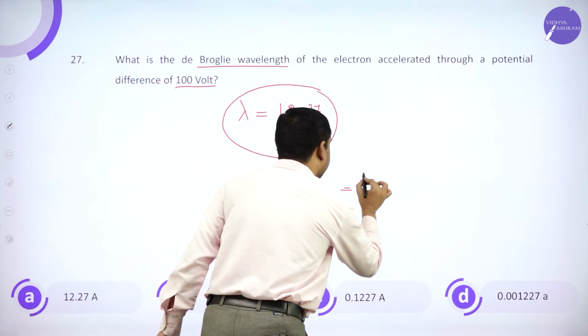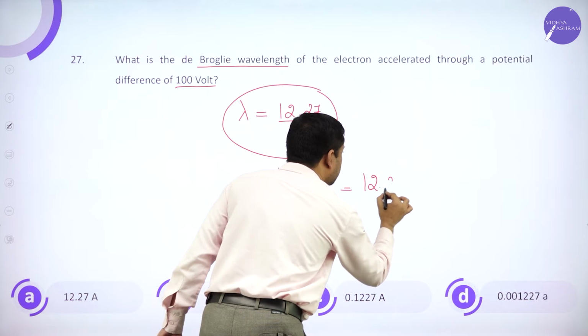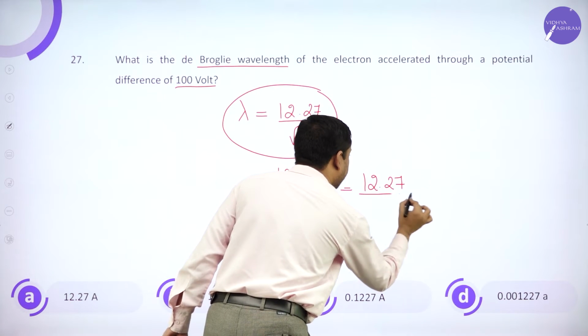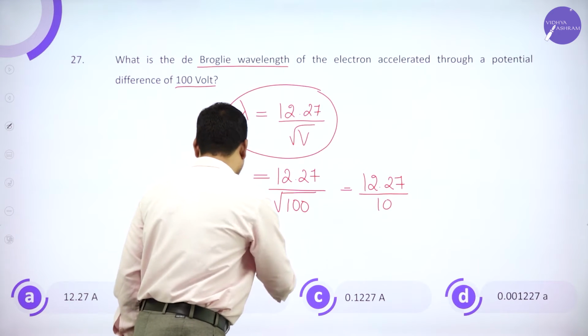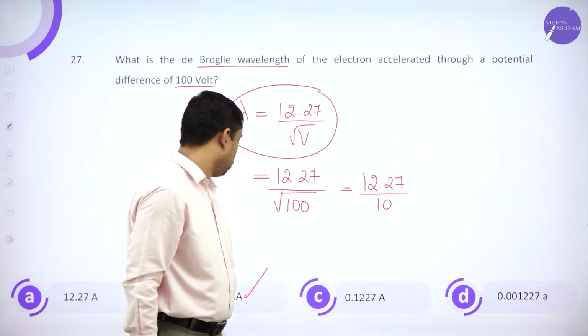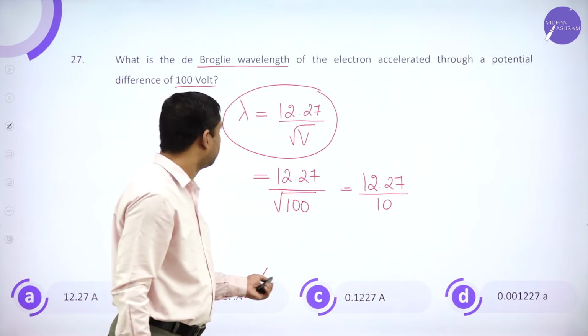So this is 12.27 divided by 10, somewhere 1.22 angstroms should be the answer.